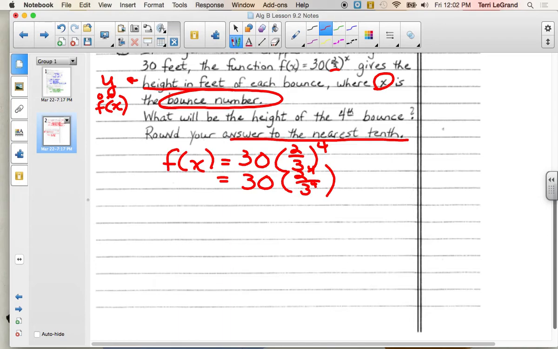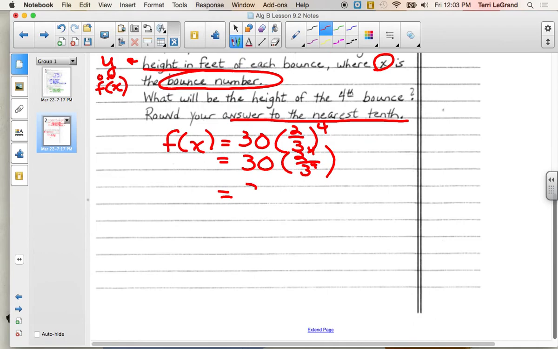Let's write that out. We remember when you're taking a fraction to a power, what if they left the answer in an answer bank as an exact answer and they did not want a decimal? So we have 30 times, what does our numerator become?